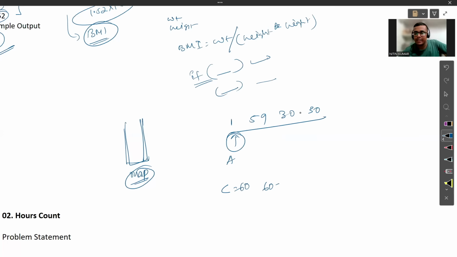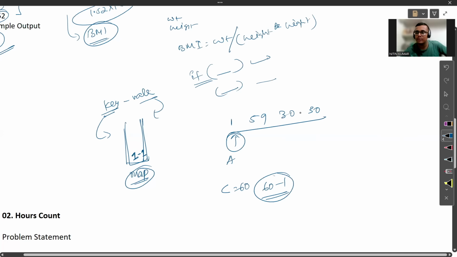So we check whether 60 minus 1, which is 59, is present. Currently it is not present, so do not worry. I will insert A, and the count of A would be 1. In the map's key-value pairs, the key is the unique element and the value is its current corresponding count.